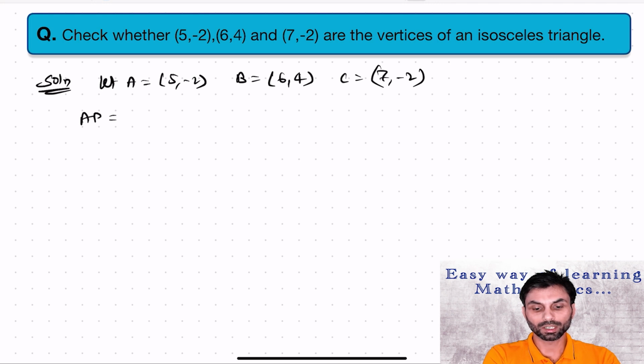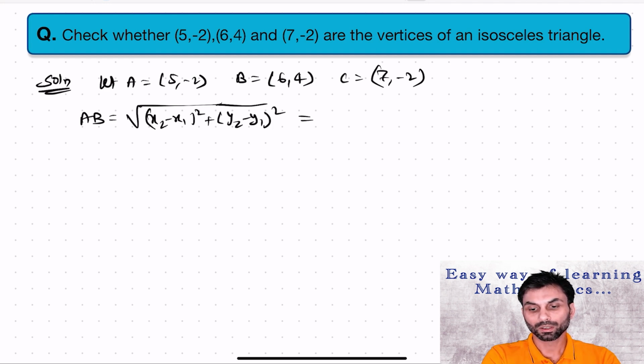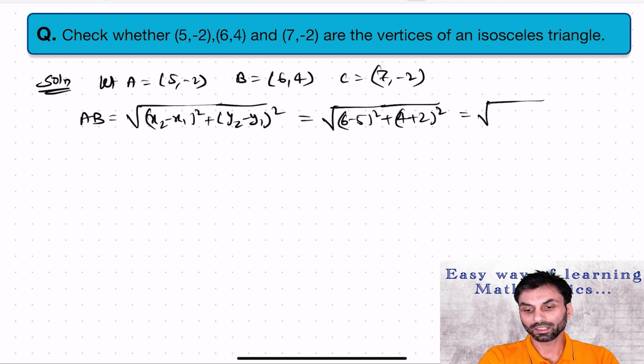Using the distance formula, AB is square root of (x2 minus x1) whole square plus (y2 minus y1) whole square, which can be written as square root of (6 minus 5) whole square plus (4 minus of minus 2, which becomes plus 2) whole square. 6 minus 5 is 1, 1 square is 1, and 4 plus 2 is 6, 6 square is 36, so it is root 37.